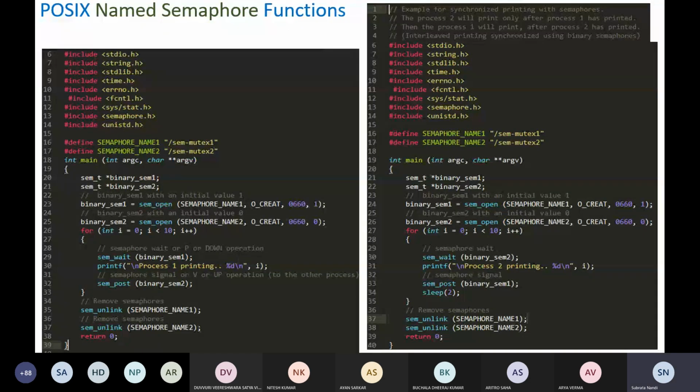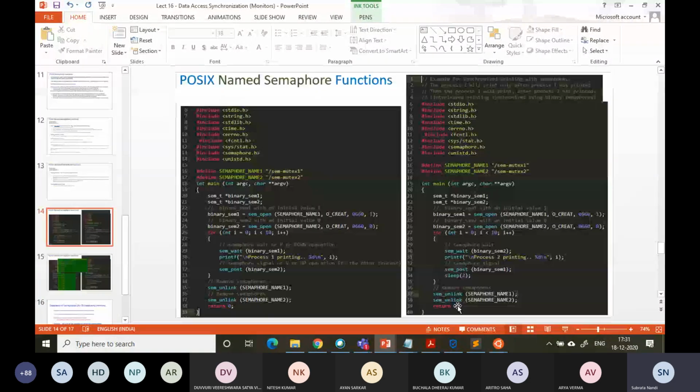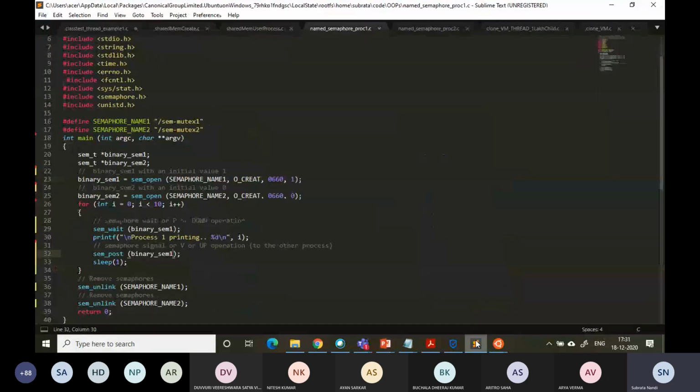The two examples, let me just talk about the examples. Okay, so can you see the screen? Yes, sir. So here, this is the first process.